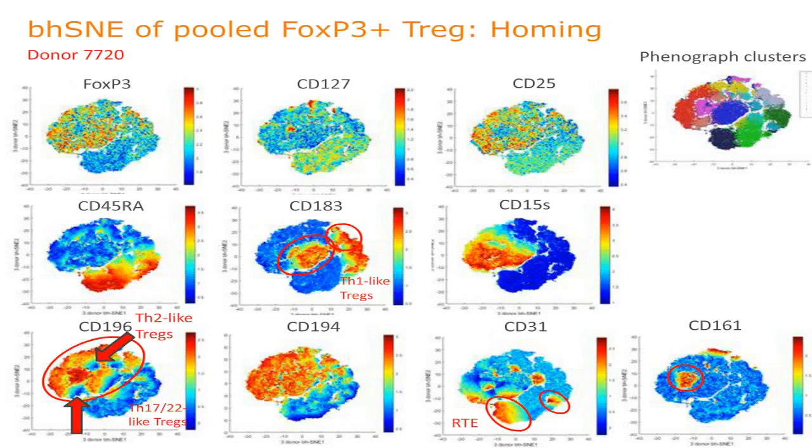The phenograph identified our recent thymic emigrants as this darker black population, saying that those are a unique population across all three donors, because again, those phenograph clusters were generated by pooling our donors. And we're now just looking at one specific donor and seeing how it fits into this pooled population. So now you could do a comparative analysis.